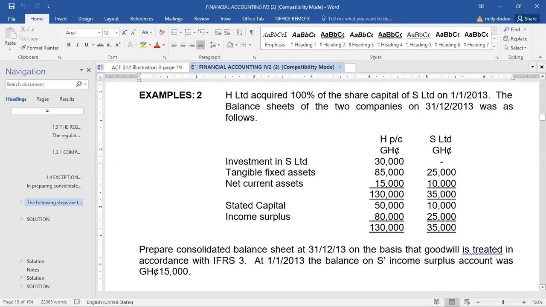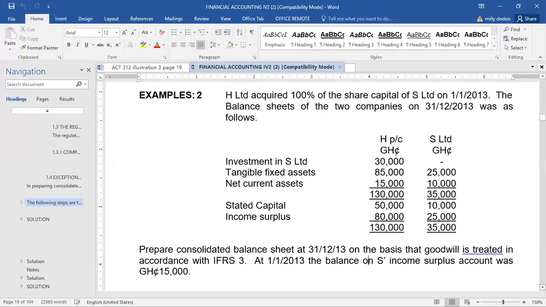So look at the second question. H Limited acquires 100% of the share capital of S on 1st January 2013. The balance sheet of the two companies on 31st December 2013 was as follows.